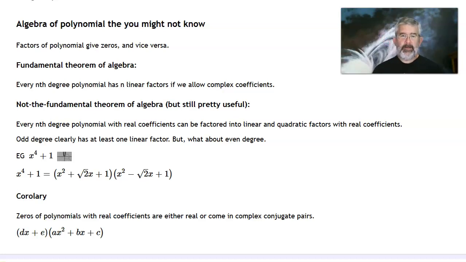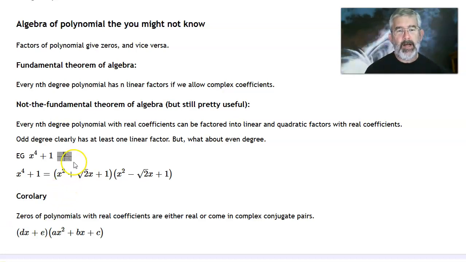This is not immediately obvious. With odd degree polynomials, I think it is obvious, because an odd degree polynomial heads up to infinity on one side and down to minus infinity on the other side, so it's got to cross through the x-axis somewhere, and that crossing is a 0. That means you have a linear factor where you had that intercept.